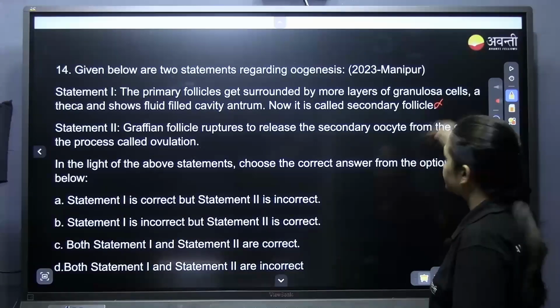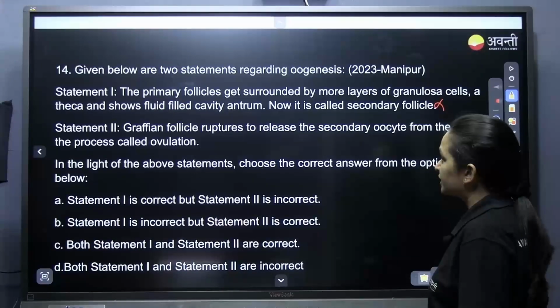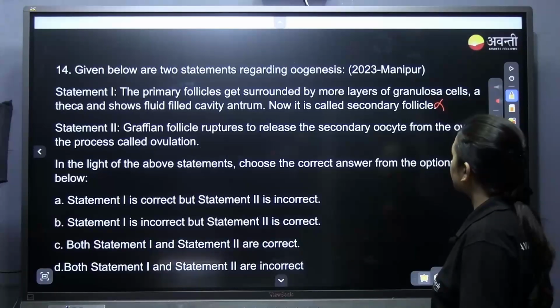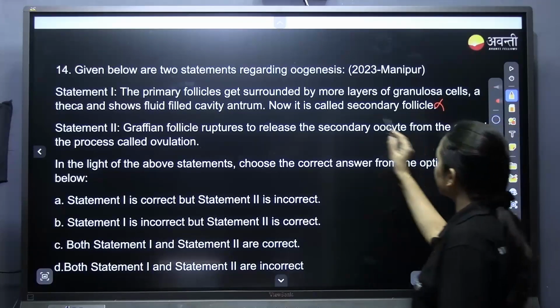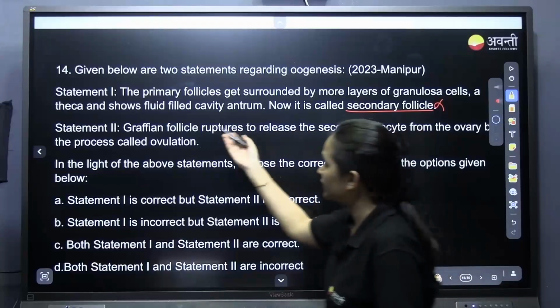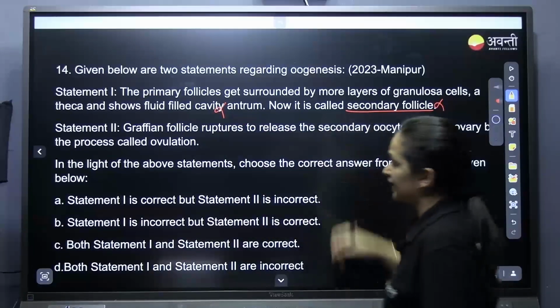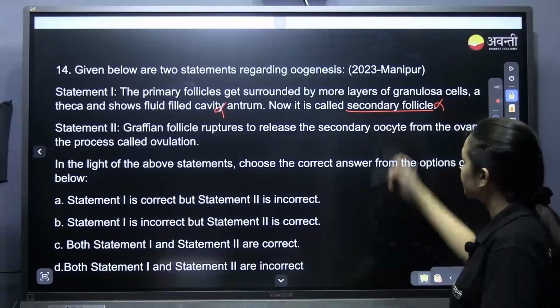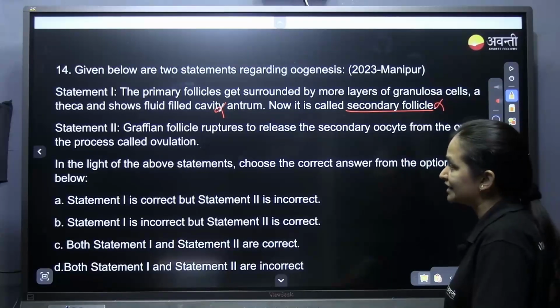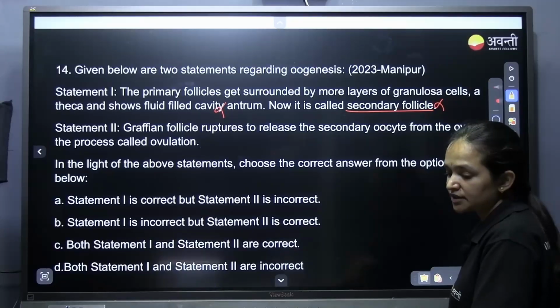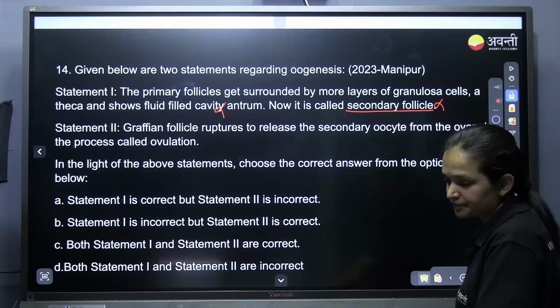Why? When the primary follicle gets surrounded by more layers of granulosa cells and becomes secondary follicle, there will be no fluid filled cavity, that is antrum. Antrum is found in the tertiary follicle.